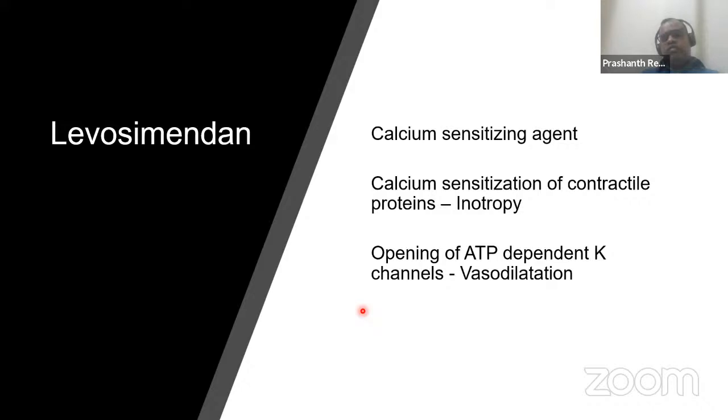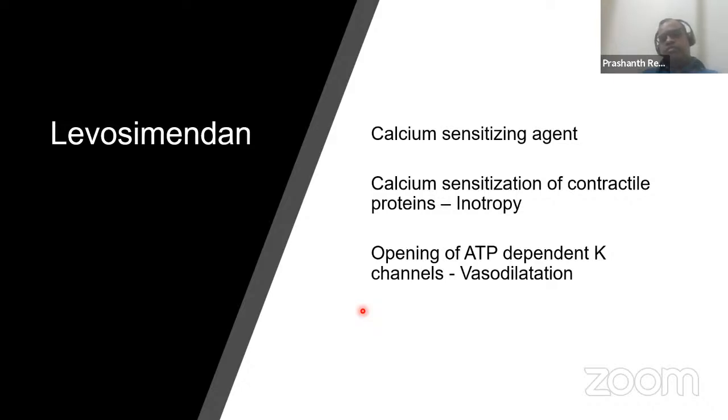Levosimendan also has action on the ATP dependent potassium channels. It causes opening of ATP dependent potassium channels in the vasculature, which leads to vasodilatation. So levosimendan is an inodilator. It causes inotropy and vasodilatation as well.